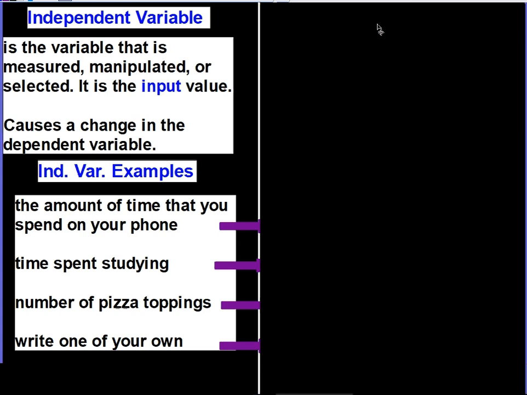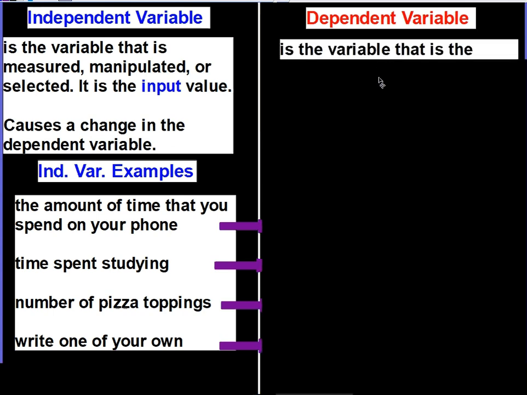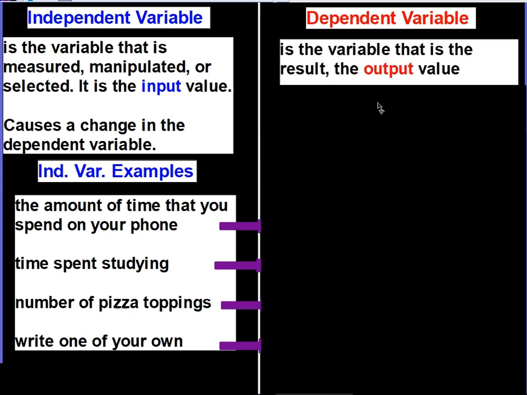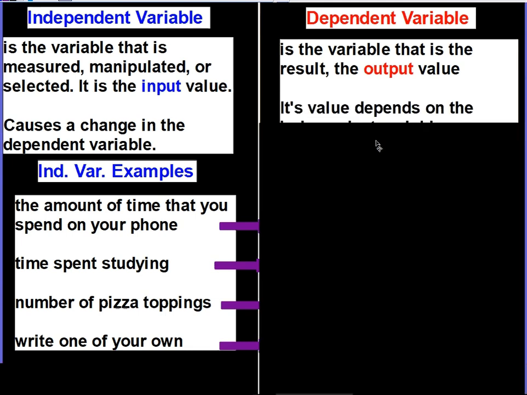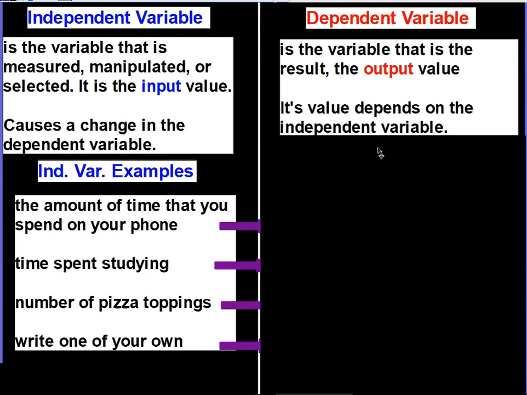So then on that right side now, you have that dependent variable. That's the variable that is the result. It's the output value. It's the value that depends on the independent variable. So this is the one that is changing, okay? You can think back to a couple of months ago when we were talking about independent and dependent events for probability.